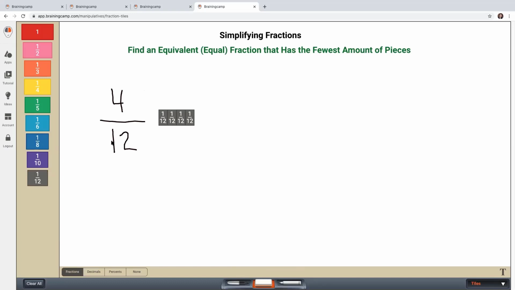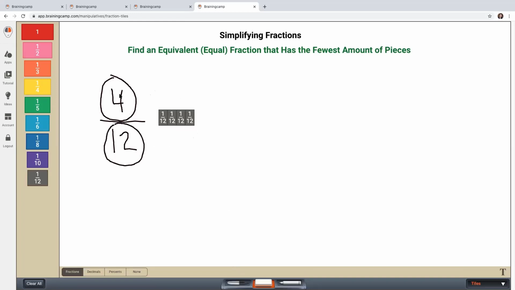So if you ever need to simplify or reduce fractions, you can find the factors of the numerator, in this case 4, the amount of pieces I have, and you can find the factors of 12, the denominator, or the size of my pieces.